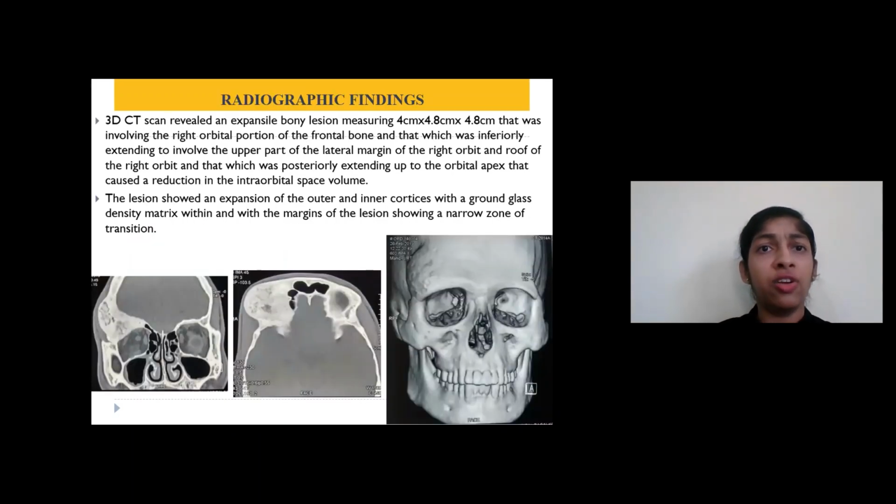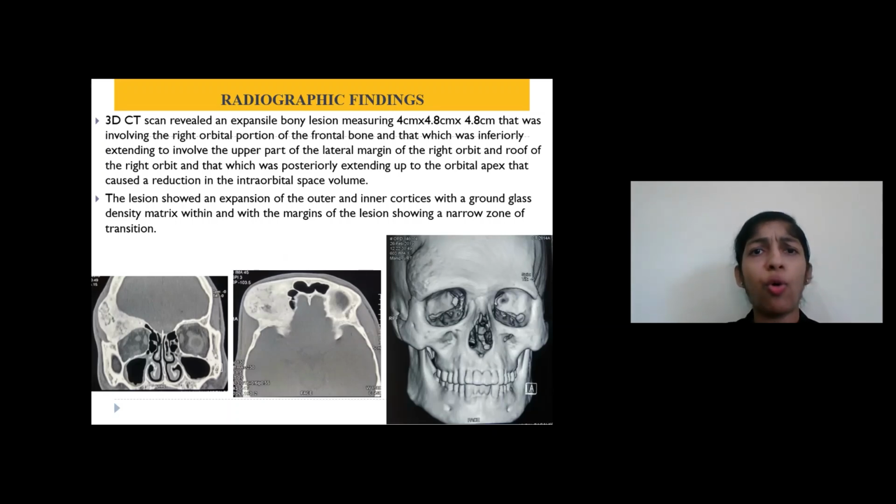3D CT revealed an expansile bony lesion measuring 4 x 4.8 x 4.8 centimeters that was involving the right orbital portion of the frontal bone, inferiorly extending to involve the upper part of the lateral margin of the right orbit and the roof of the right orbit, and posteriorly extending up to the orbital apex, which caused a reduction in the intraorbital space volume.